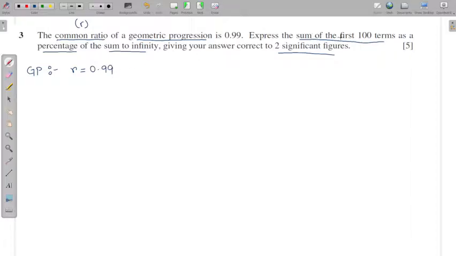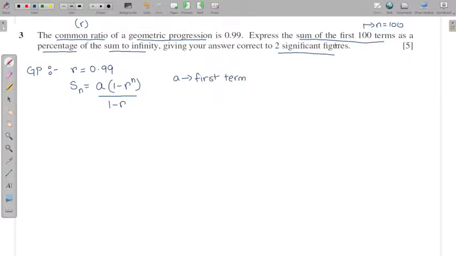And the sum of the first 100 terms, that means n will be equal to 100. So in GP, the formula for the sum of the first n terms will be a into 1 minus r to the power n by 1 minus r, where a is equal to the first term of the progression.